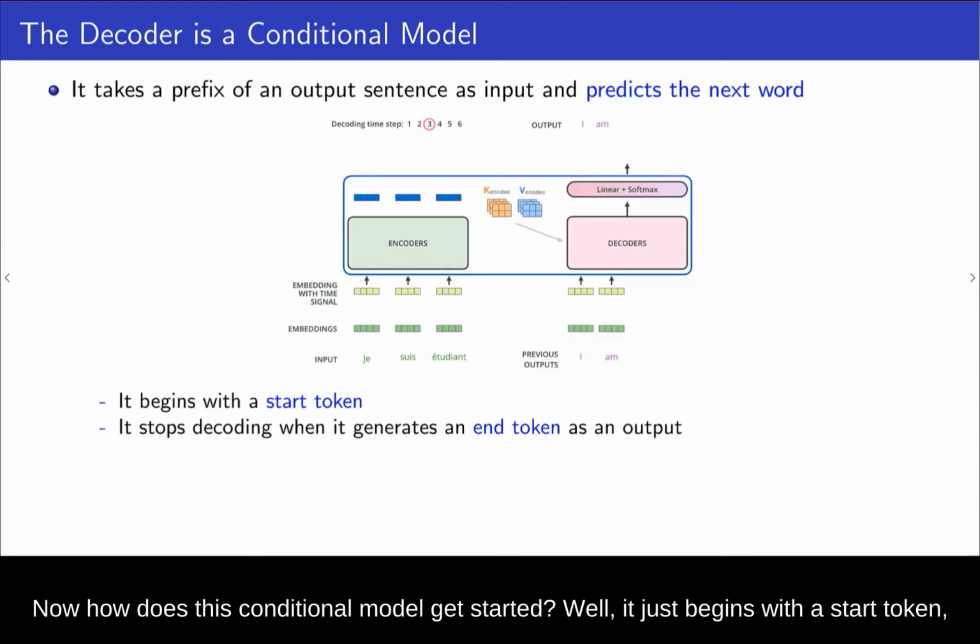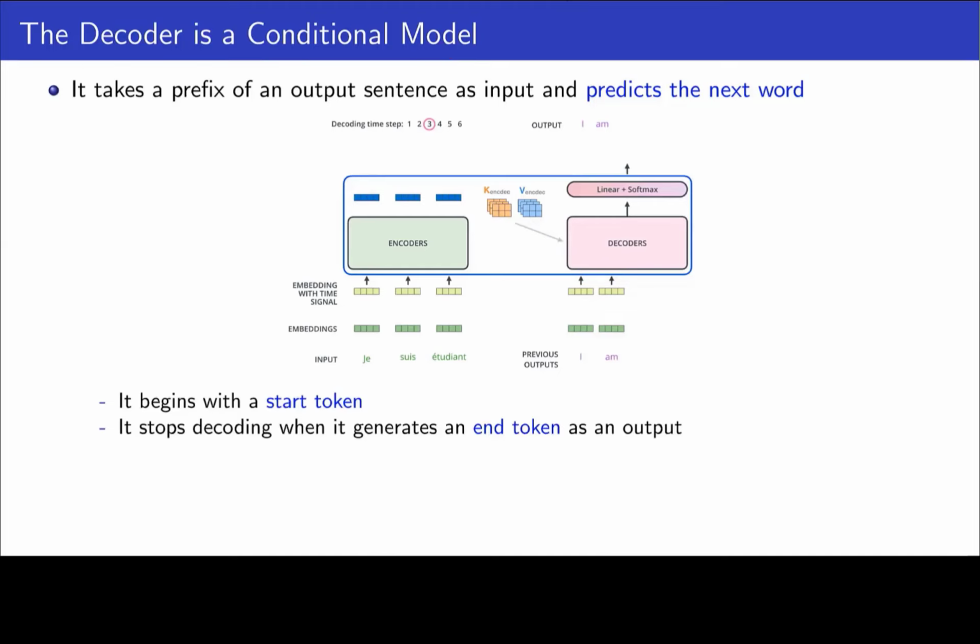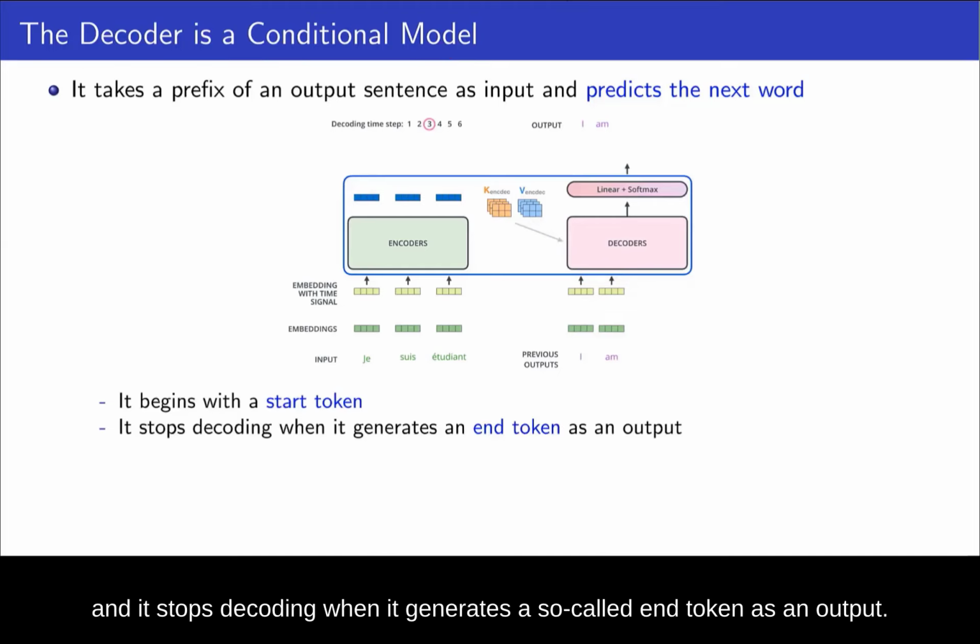Now, how does this conditional model get started? Well, it just begins with a start token. And it stops decoding when it generates a so-called end token as an output.